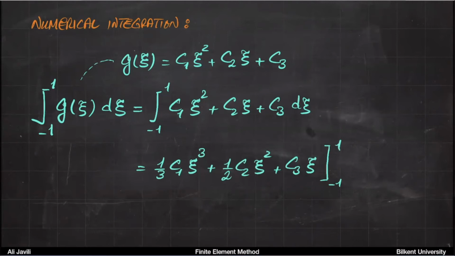And if you do that integral, then you get this. You get 2/3 c1 plus 2 c3. All right. So this is your integral. And as I said, so far it's just an exact integral. There is no approximation in that.